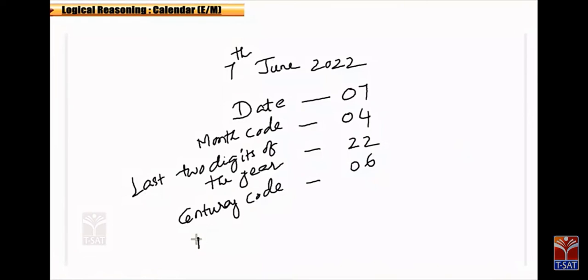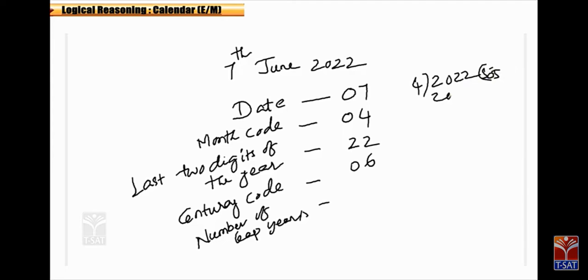So if you calculate the number of leap years, 2022 divided by 4, 4 5s are 20, 2 is the remainder.